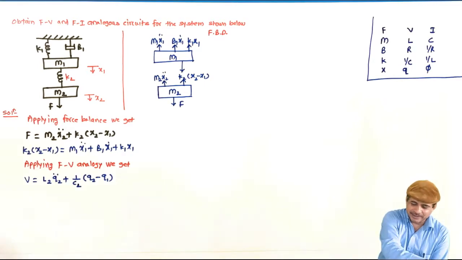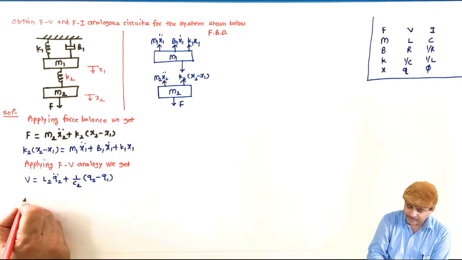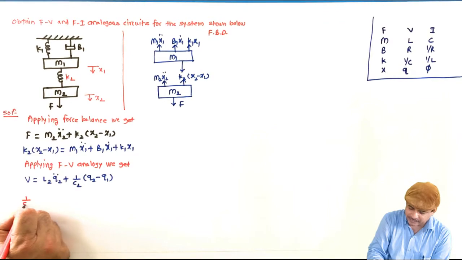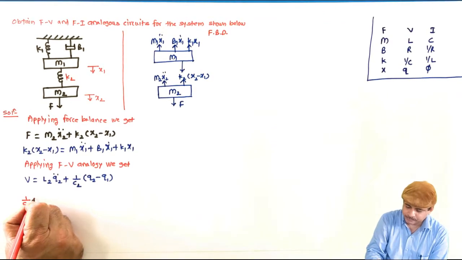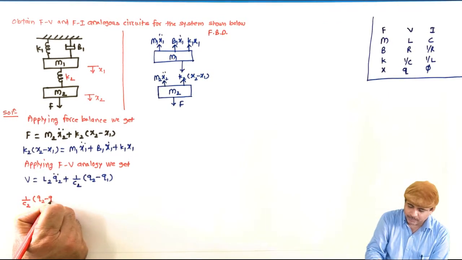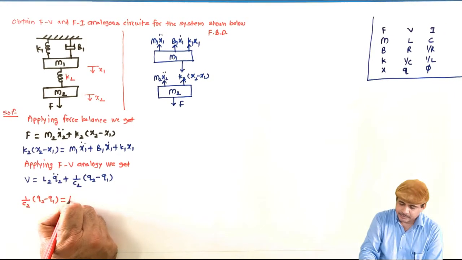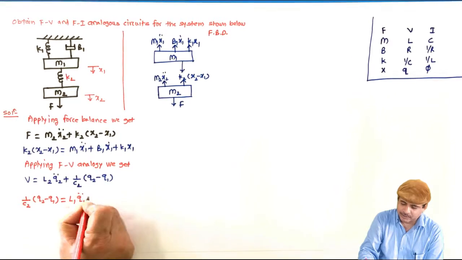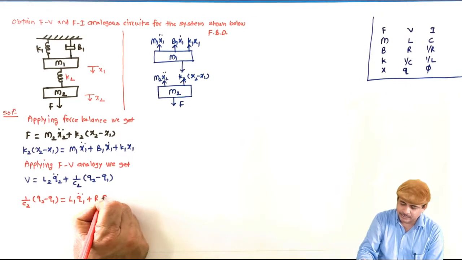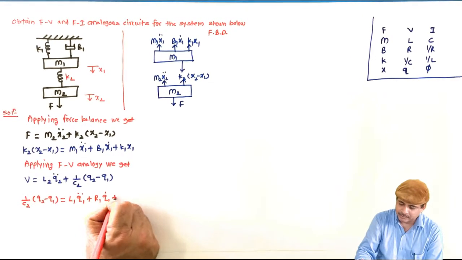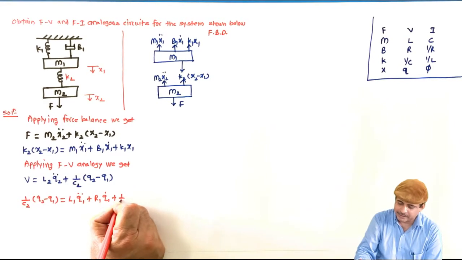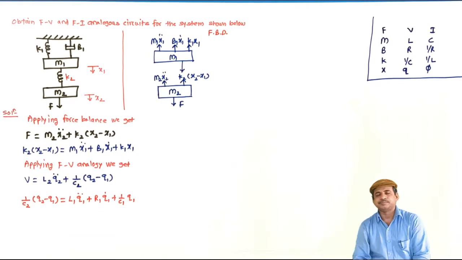And this is equal to L1 Q1 double dot plus R1 Q1 dot plus 1 by C1 Q1.